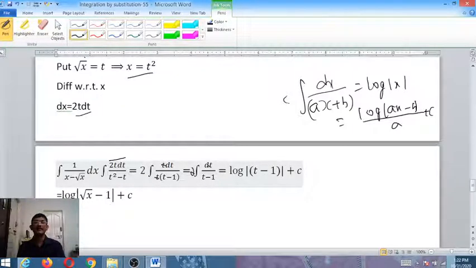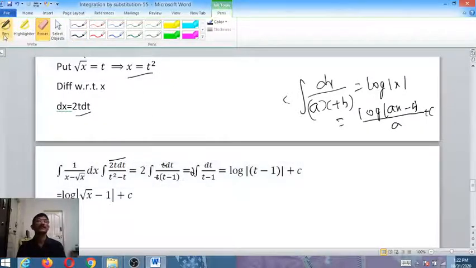So the integral of dt by t minus 1 is 2 into log of mod t minus 1 divided by the coefficient of t, which is 1, plus c. So this is equal to 2 into log of modulus of root x minus 1 plus c.